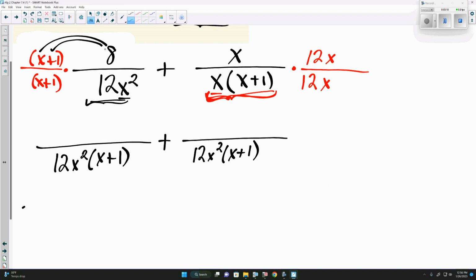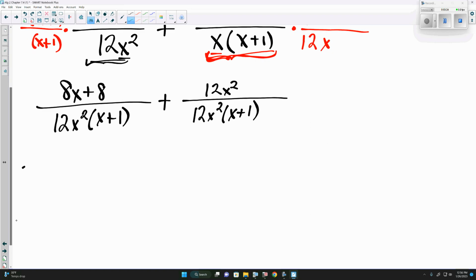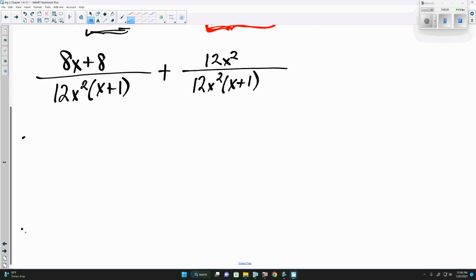So x times 8 is 8x. 1 times 8 is plus 8. The other side's a little bit nicer. 12x times x is 12x squared. Now at this point here, we can go on and just add the numerators together.